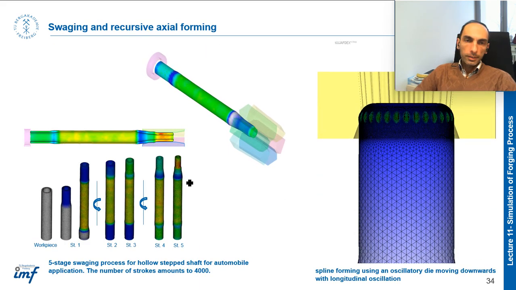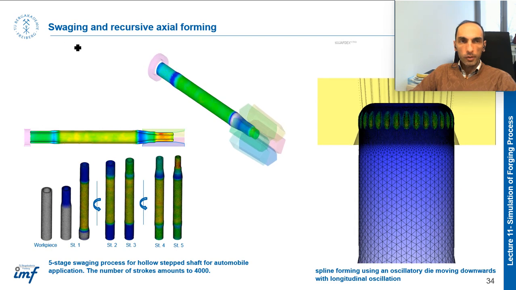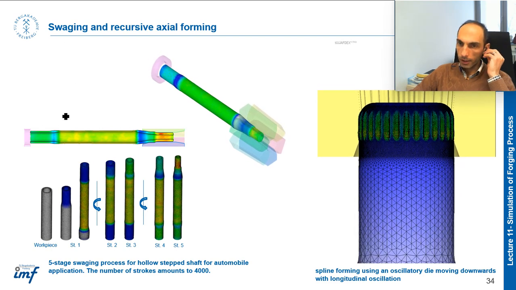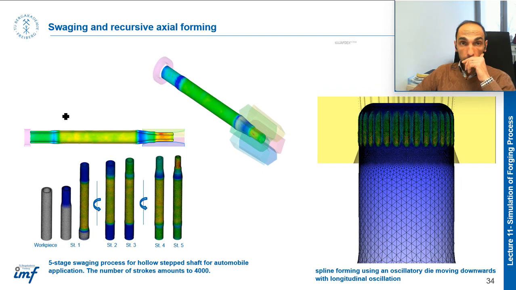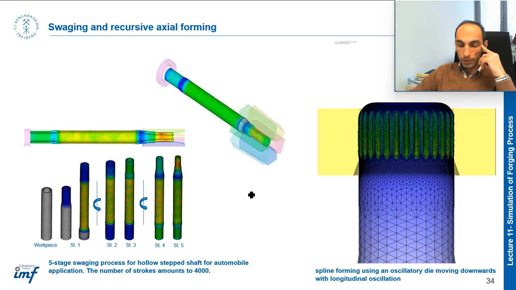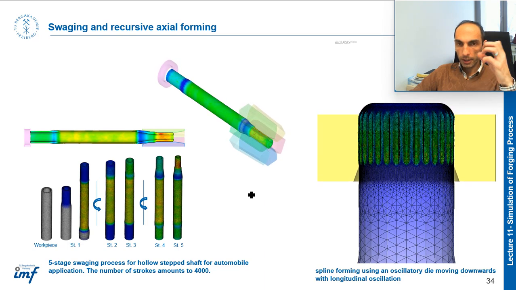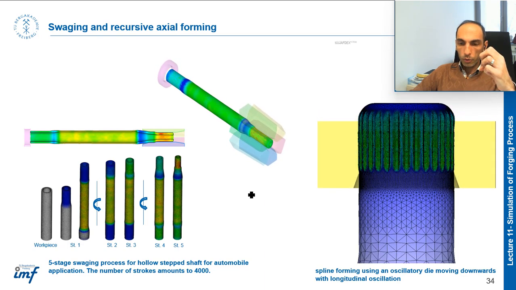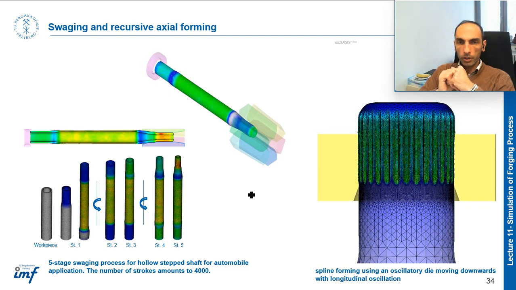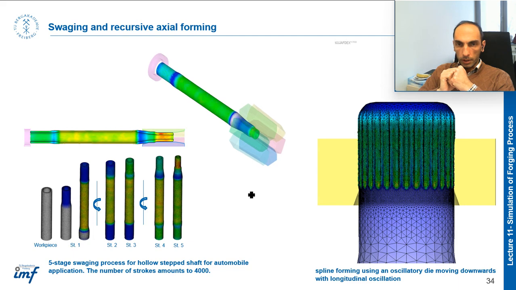This slide is about another process, swaging, or recursive axial forming. We talked about swaging before in drawing. If you remember, at the beginning of drawing, you should be able to pass the material through the die, so swaging was required.